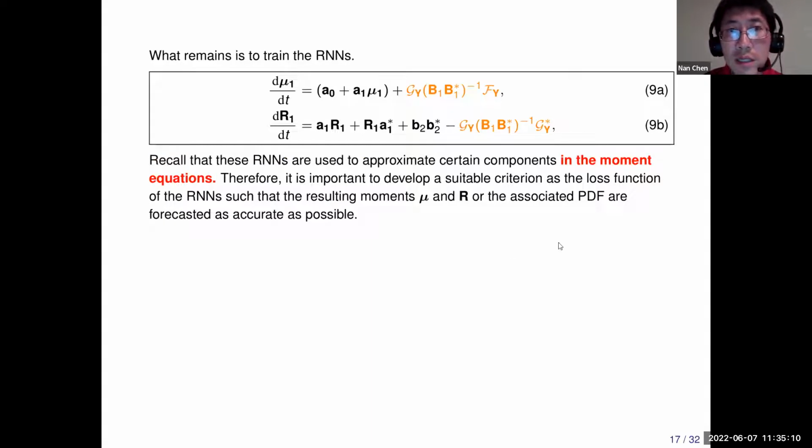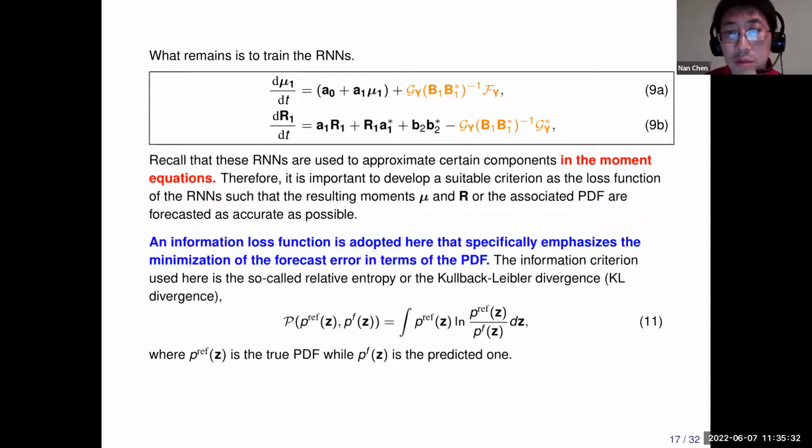So yeah, what remains is to train this neural network. And as I said, because our focus is on these moment equations, it doesn't make too much sense to compute the L2 norm, because when you compute the L2 norm, you cannot even guarantee the positive definite features of this covariance matrix. And sometimes you can get very weird results.